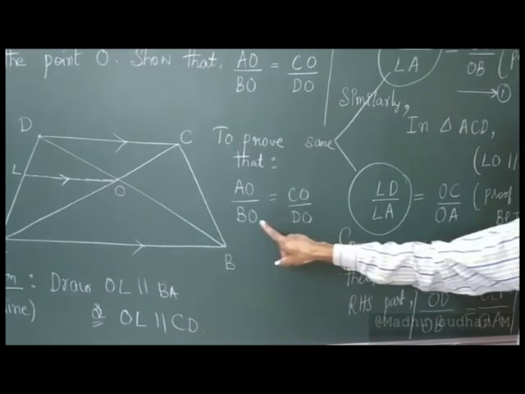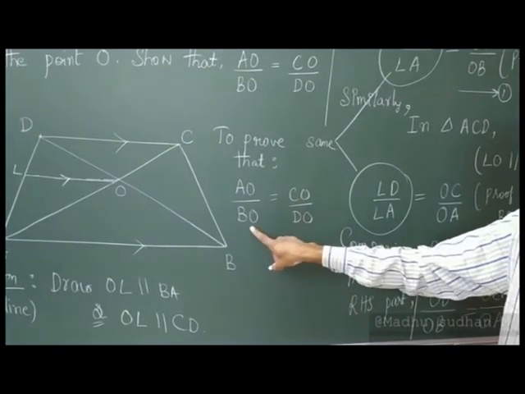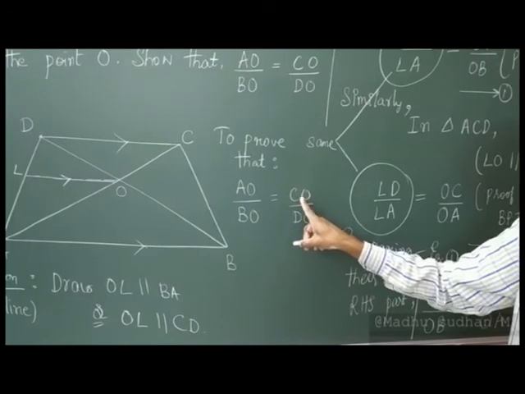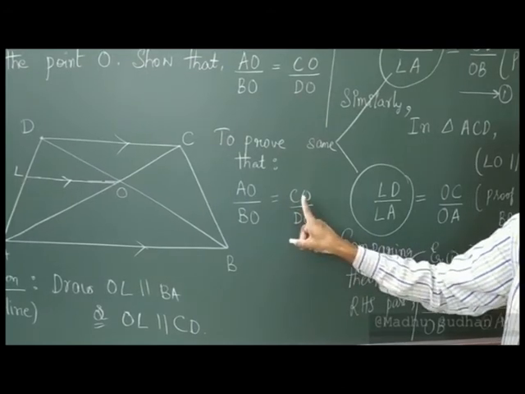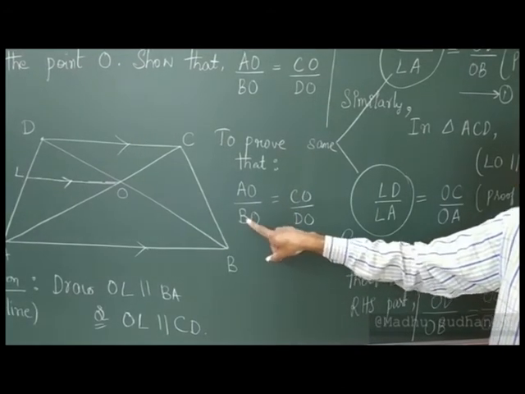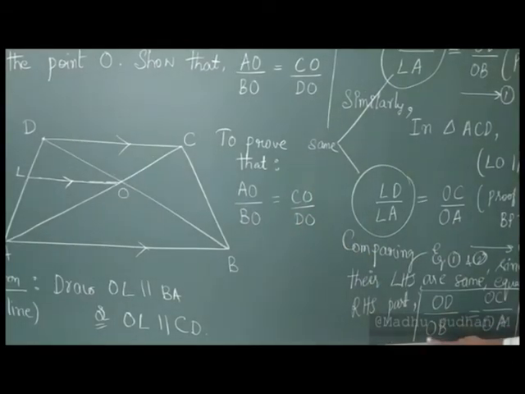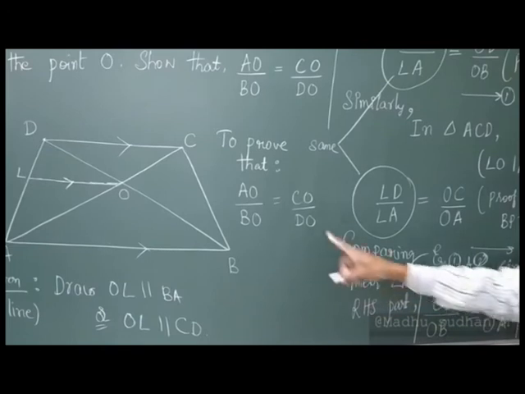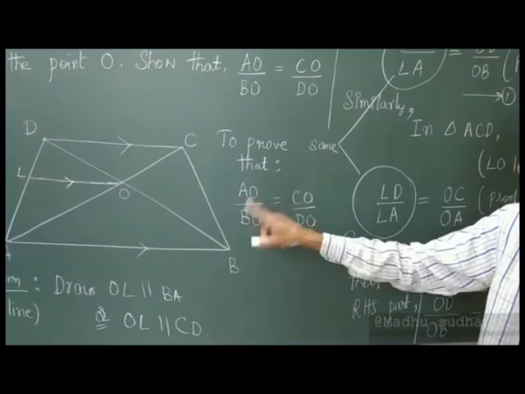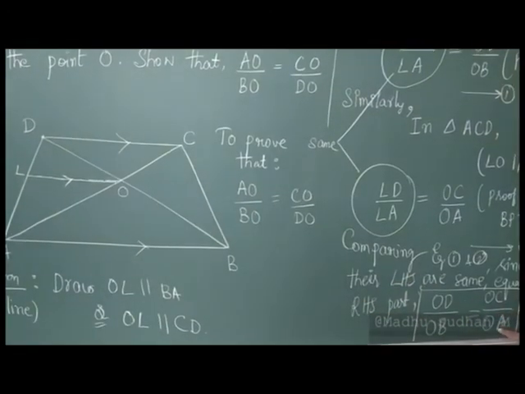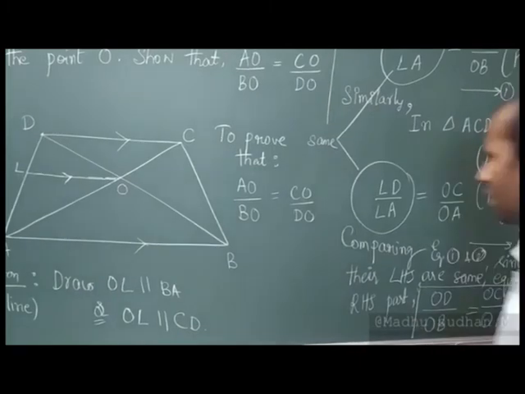I think we can interchange these two. So please observe, children, when I interchange these two, OC comes here and OB, or BO, goes here. BO by DO, do we have that? And when CO comes here, AO by CO, do we have that? Yes, we have that.